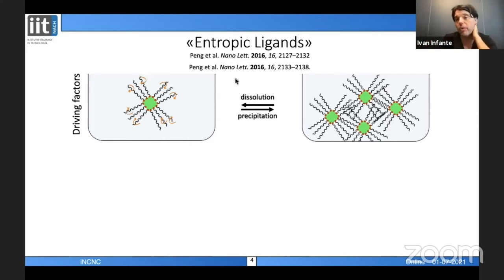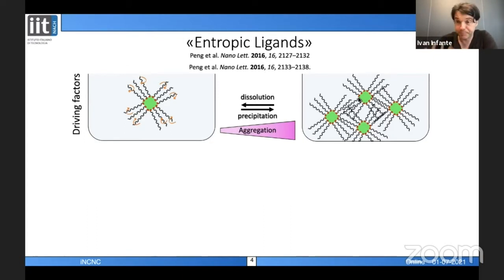So there is an equilibrium between dissolution and precipitation of the ligands, where they aggregate and precipitate. There is an aggregation term, where the ligands interact with each other, most likely through the alkyl chains of the ligands, and this shifts the equilibrium towards precipitation.